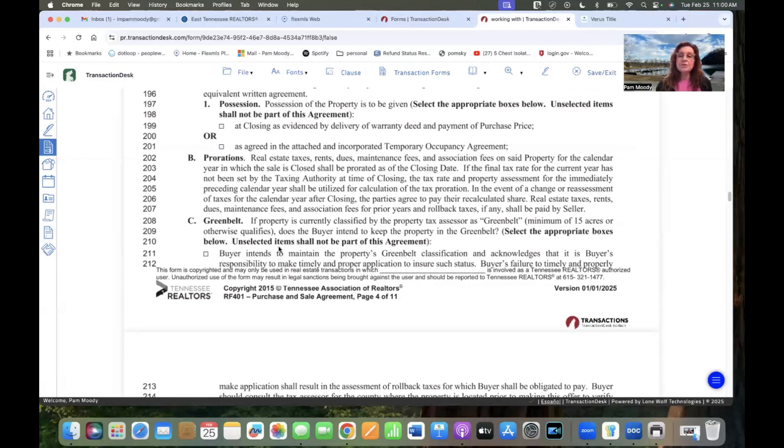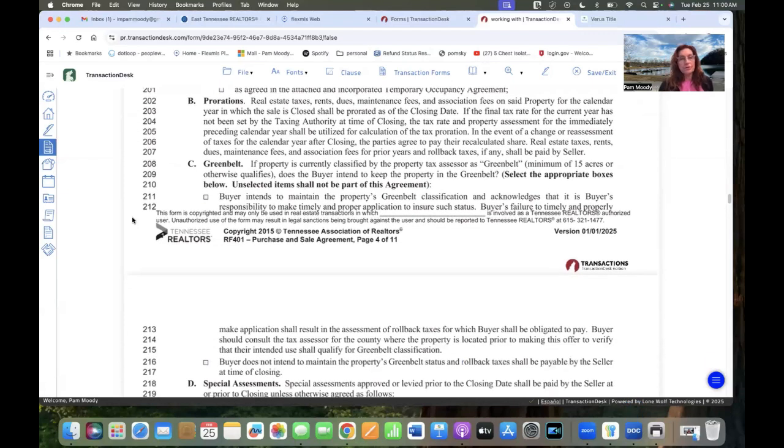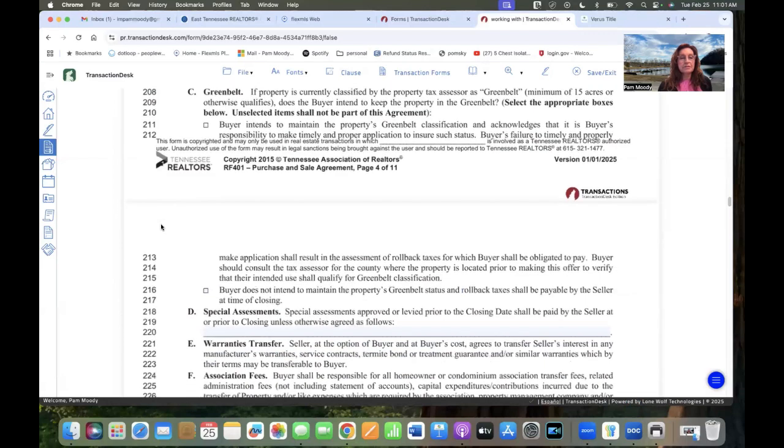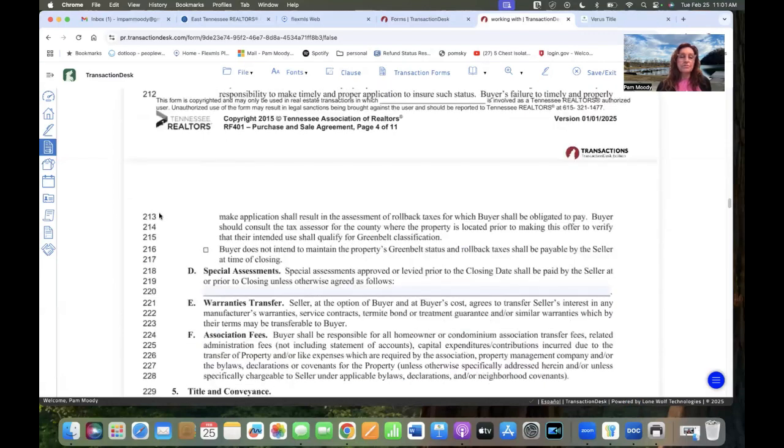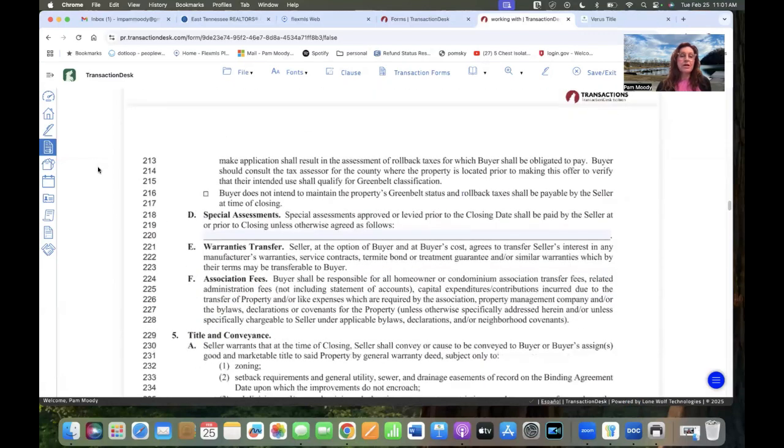Greenbelt, it's only if it's a minimum of 15 acres or otherwise qualifies if you're going to keep it as a greenbelt, and that's a tax savings. And those are special stipulations that we would have to talk to you about.